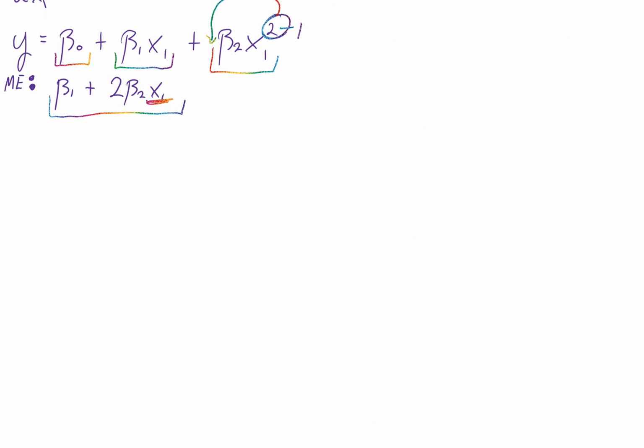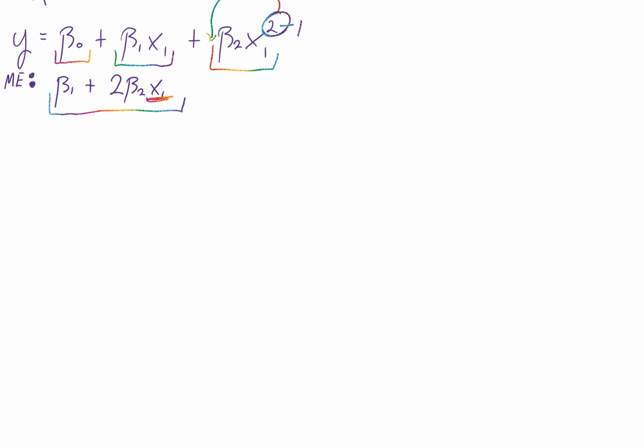So basically what we have to do in order to find some maximum value is assume that this beta 2 is negative, and thus we would have an upside down parabola as this part of the equation.